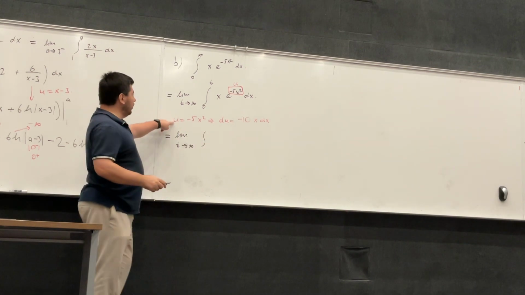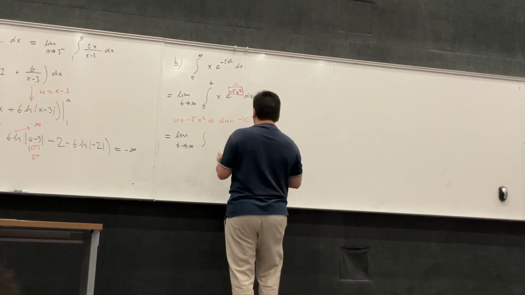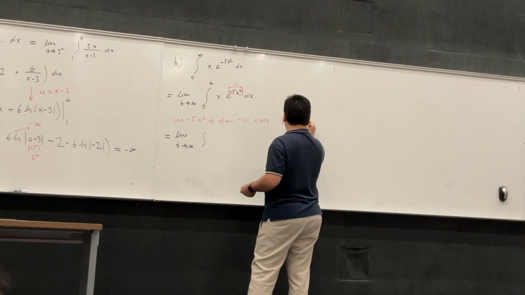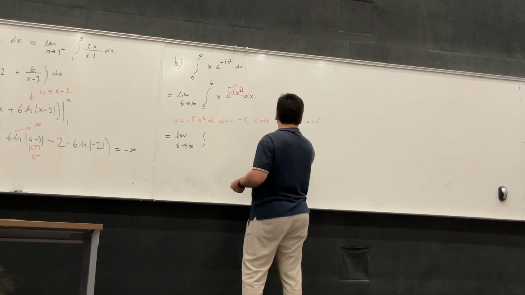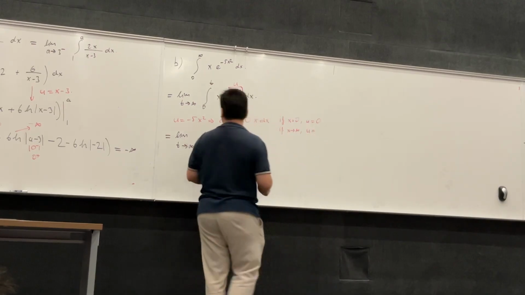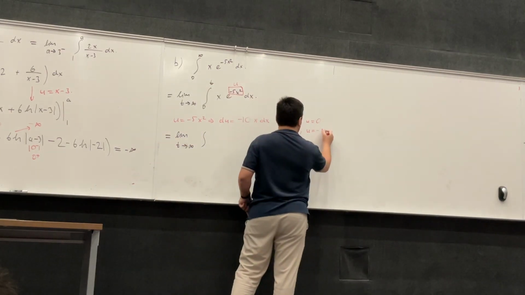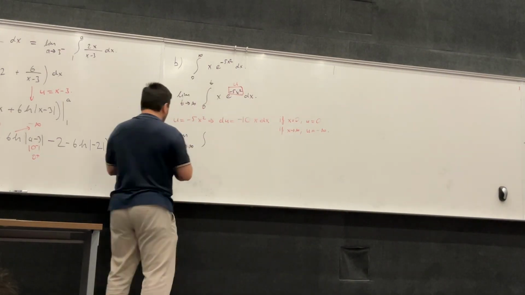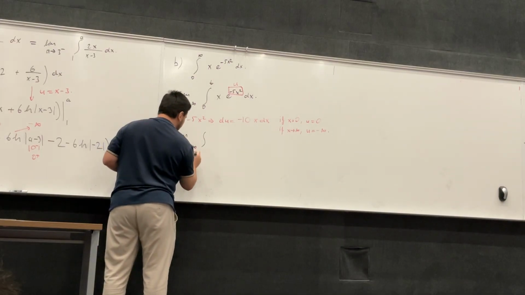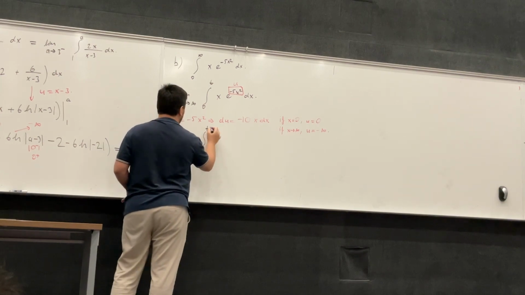Now I did change things, right? If x is equal to 0, what happens to u? 0. u is 0. If x goes to infinity, what happens to u? u goes to negative infinity. So I should change this with negative infinity, right? And this with 0.